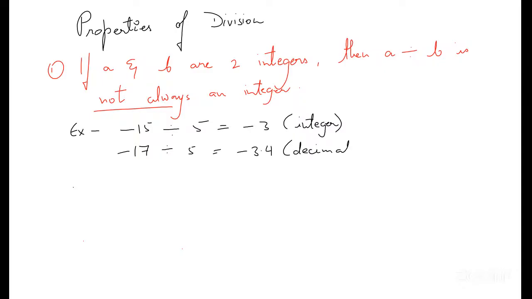This is a decimal, not an integer. So that is why in dividing, the answer that we get is not always an integer. Anna, just stay for 1 minute and write down the next property.